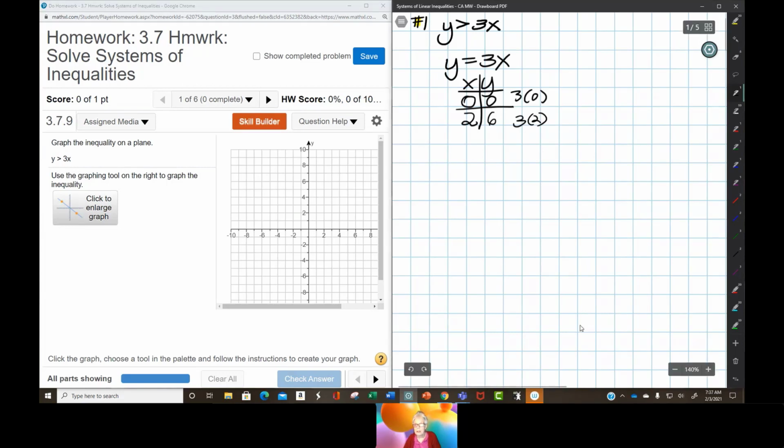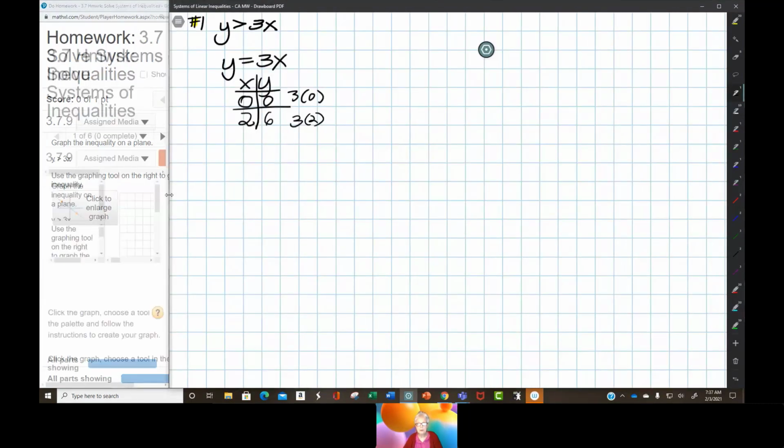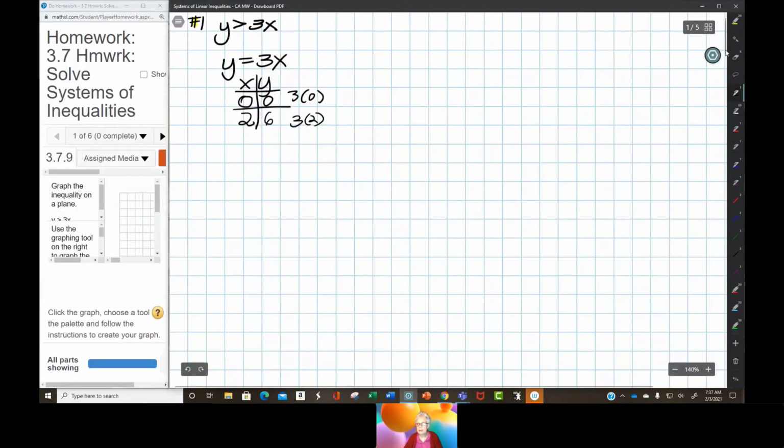Now I'm going to make a quick little sketch on my paper, and I'm going to transfer it to my math lab, but I want to do it on my paper first just to get a feel for it, and so that I can talk about it and label it. So I'm just going to make a quick little graph here. Hope I have enough points.